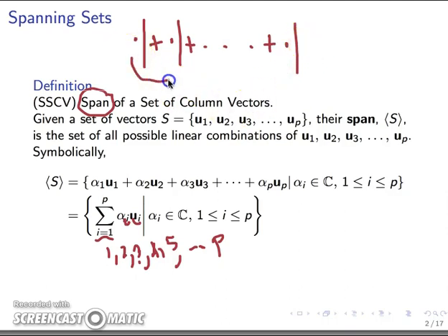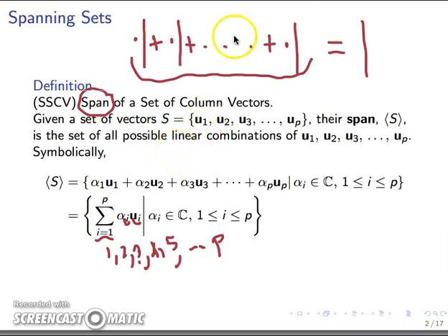So this entire summation is itself a column vector. And there should be right away a similarity between the definition of a span and the formulation of the solution set of a system of linear equations.